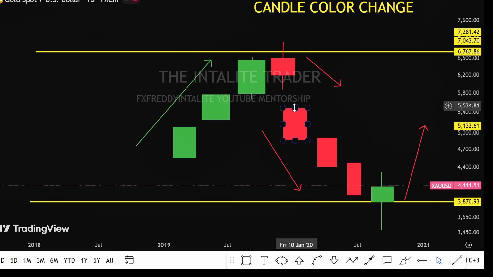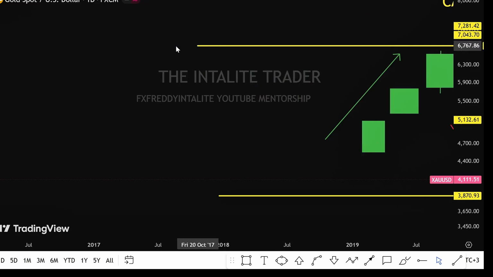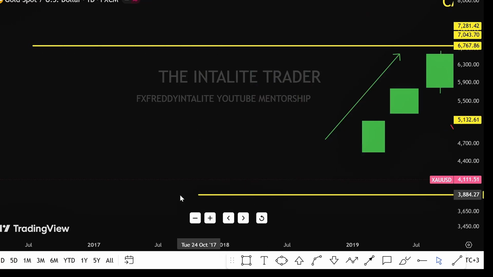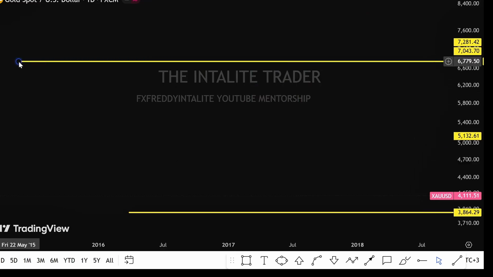Sellers are no longer in control of this downtrend. This candle color change acts as an early signal of a possible trend change.